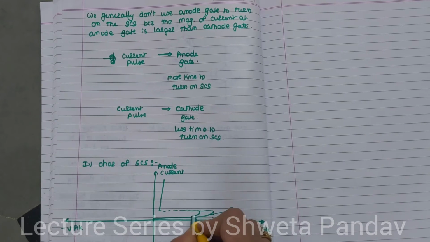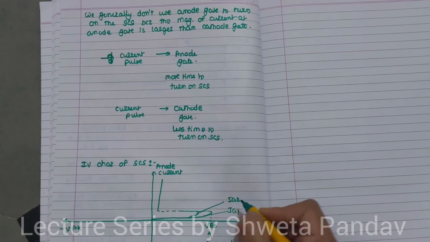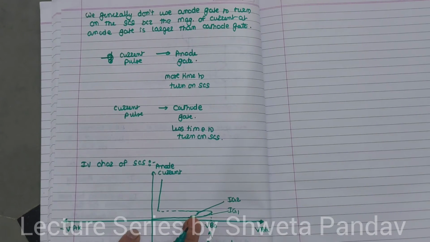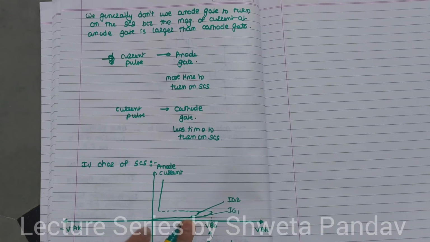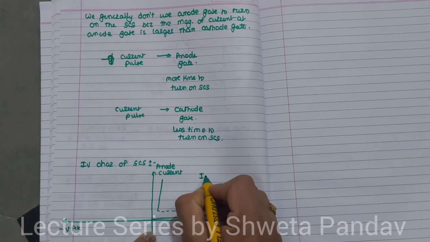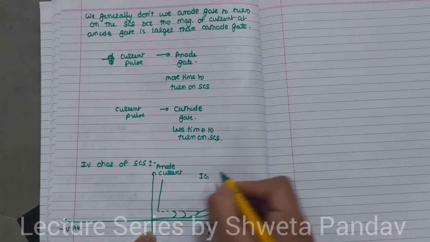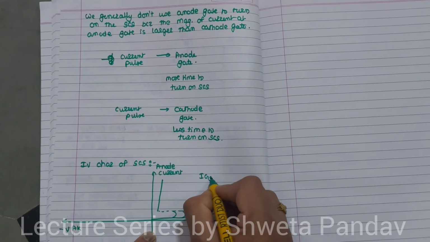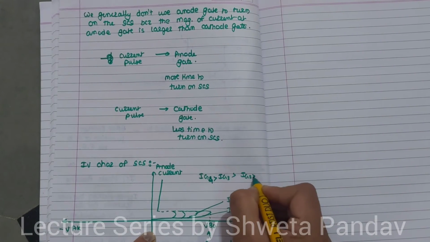If I apply another gate current at the cathode to turn on the SCS, as I increase the gate current, the forward breakover voltage decreases. Here we are having IG3 and IG4. So IG4 is greater than IG3, greater than IG2, and greater than IG1.